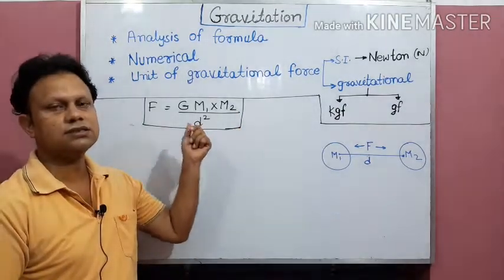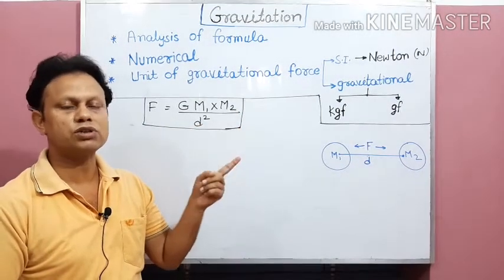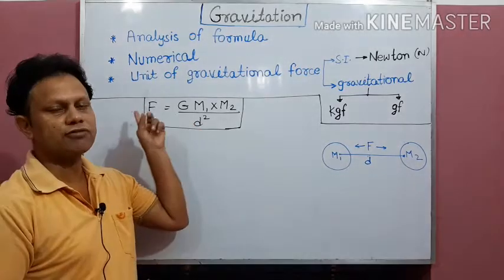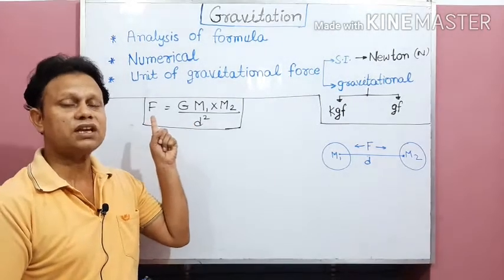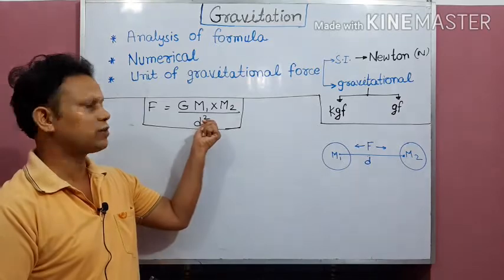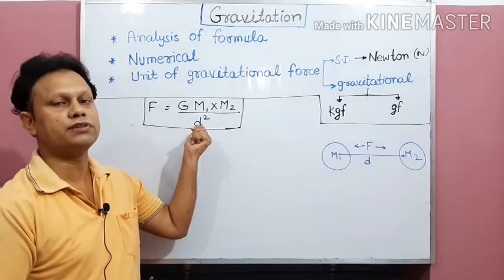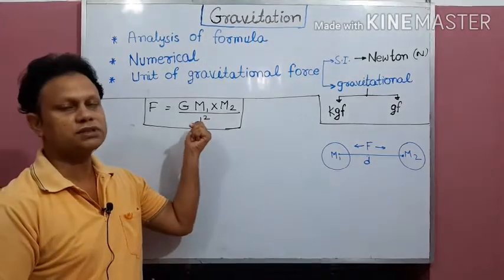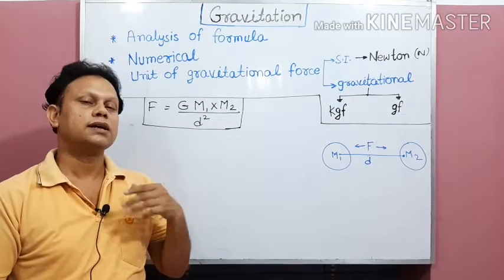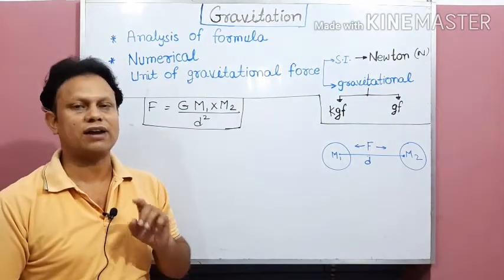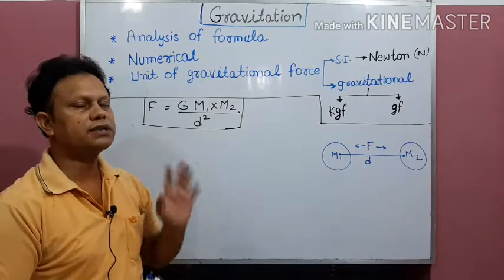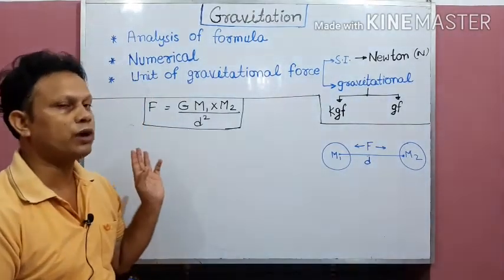Distance d is the distance between the two objects from center to center. Since the gravitational law follows the inverse square law, there is a square in the denominator of d. So d squared shows that force is inversely proportional to distance, but with the square value. After getting this formula, now we are going to analyze it.